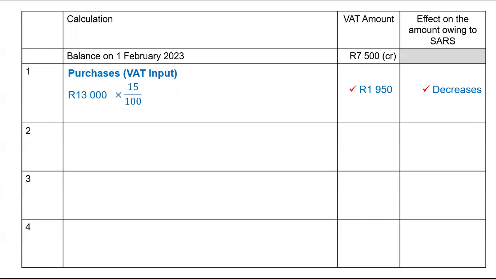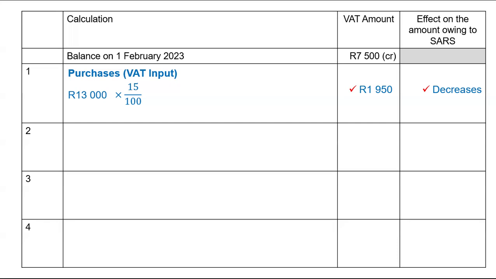You need to first find the discount. Even if you didn't understand me saying that VAT input has been overstated, you need to ask yourself, from purchases, what type of discount do we have? Is a discount allowed or is a discount received? From purchases, it will be discount received because it's us receiving the discount.